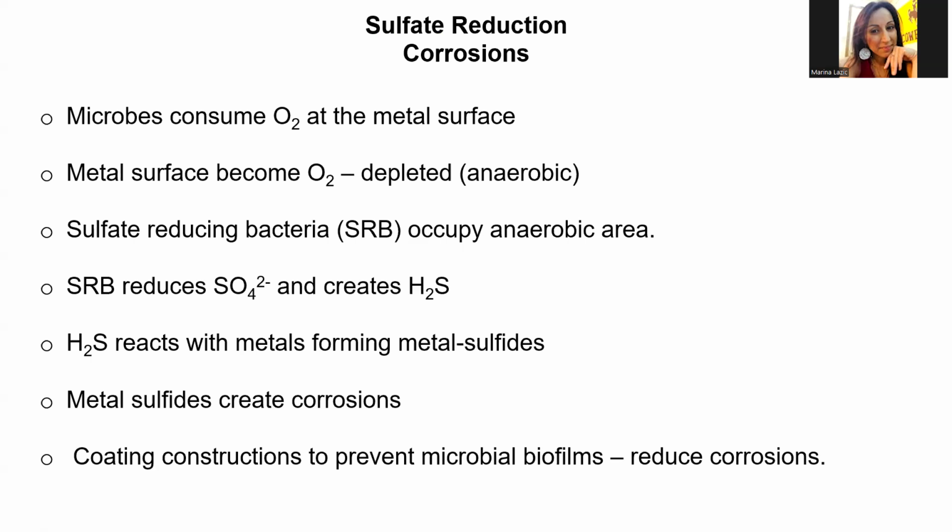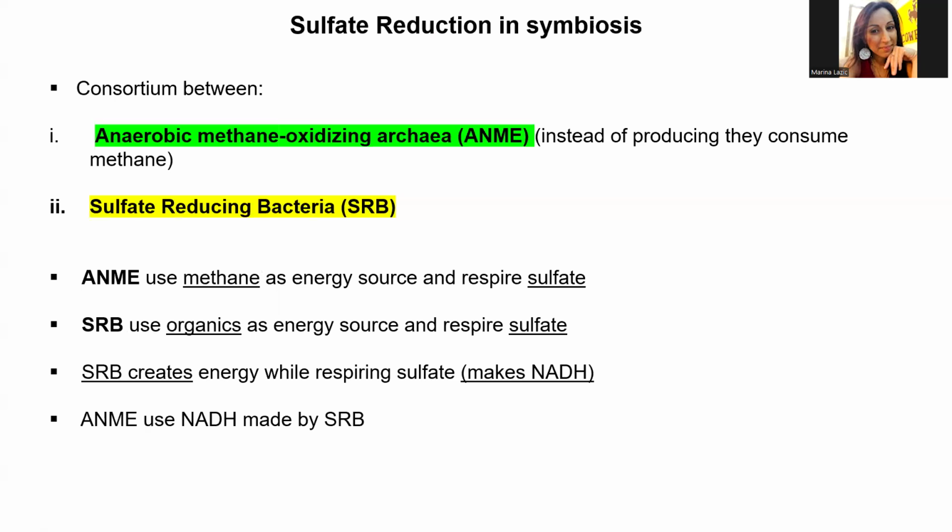Once it's anaerobic, that is a special place for SRB because they are anaerobic. So they reduce sulfate and generate sulfide, and sulfide reacts with the metals used to make bridges, and that metal sulfide creates corrosion. That's why very often bridge constructions are coated to prevent microbial biofilm formation.